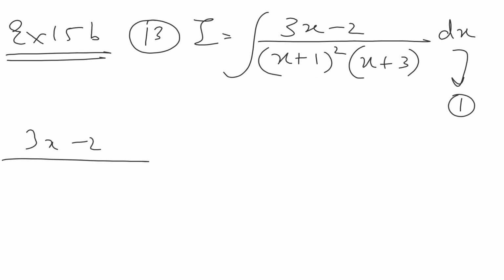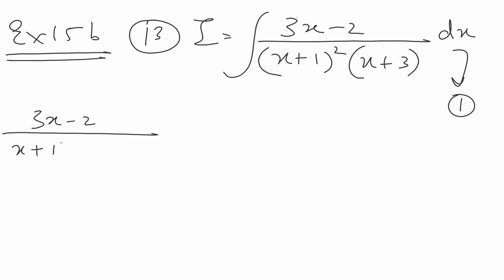3x minus 2 upon, I'll just come out of integration for a while. So 3x minus 2 upon x plus 1 the whole square, x plus 3 equals, okay, first write down the non-repeated factor.